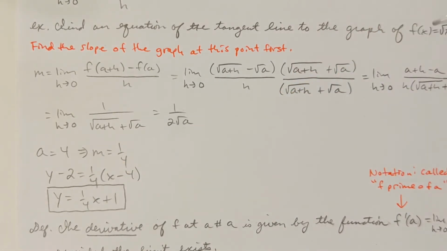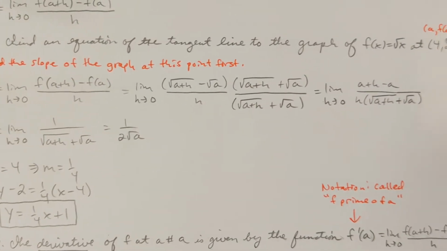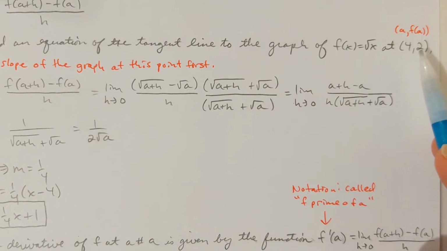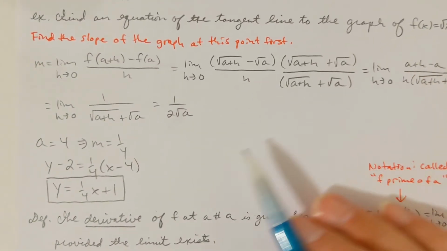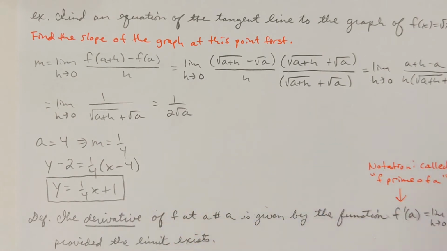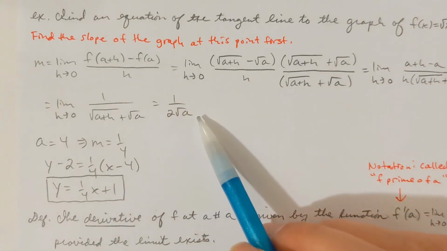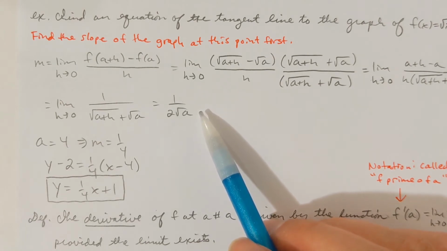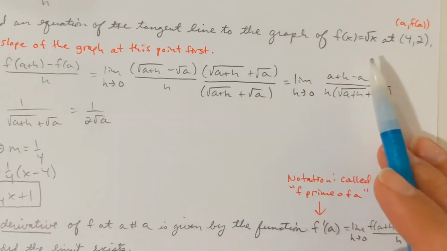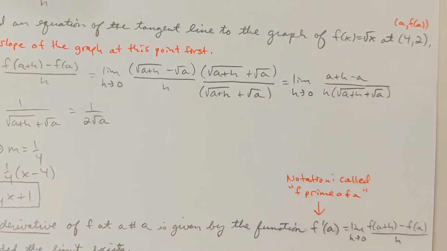So if I were to draw the graph of the square root function at this point, 4, 2, and draw a tangent line, this is the equation of that line that I'd be working with. Now, the nice thing about creating this general formula is that I could find the slope of the graph at any point on this curve, as long as it's in the domain.